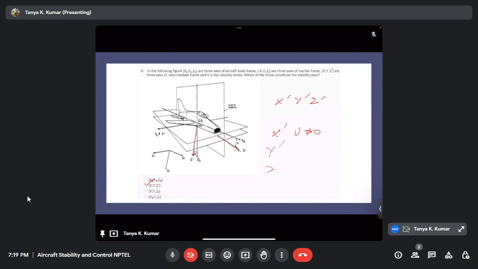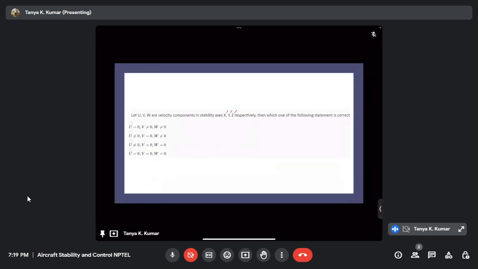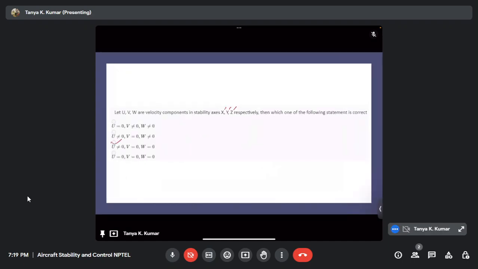Will it have components? No, right? Because the velocity vector is aligned to the x dash. So there won't be other components in the z and y directions. So your final answer is u not equal to 0, v equal to 0, w equal to 0. Correct?